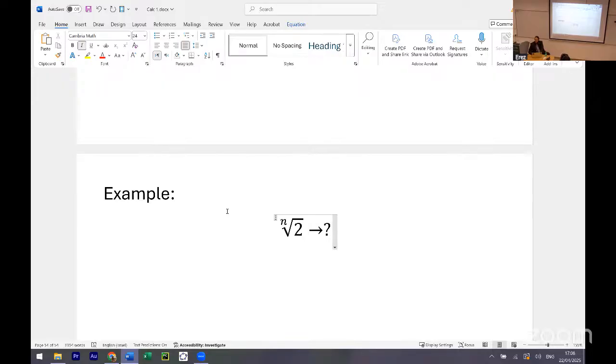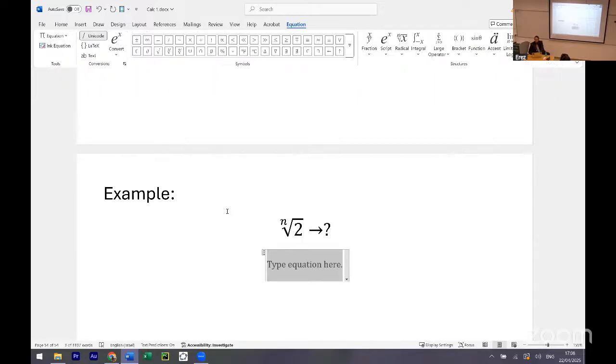But I have two ways to answer it. I will give you the short one, and I will explain why you need the quotient rule, but in the test you don't have to. My advice always: when you have a root, make it into a power. That's 2 to the power of 1 over n.